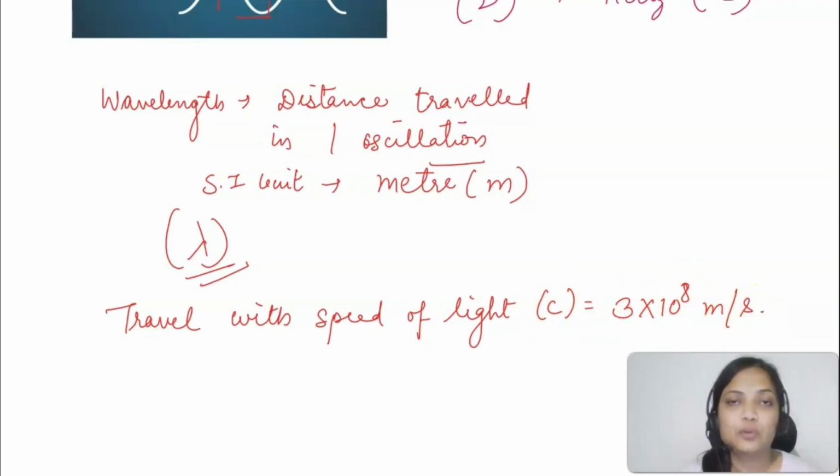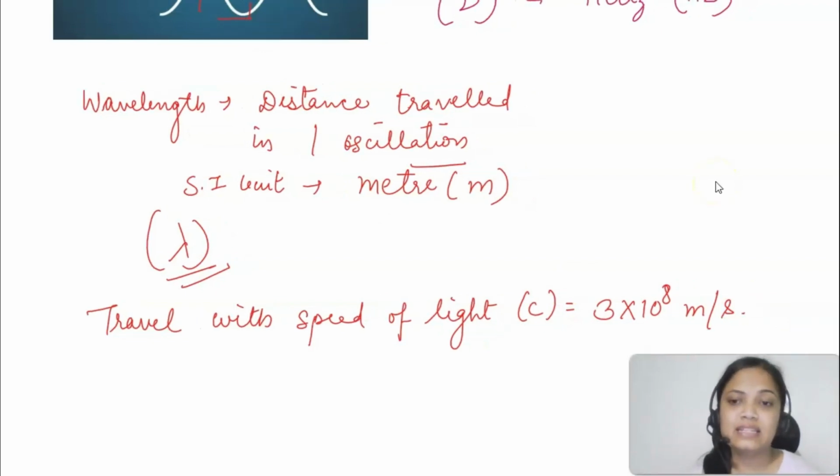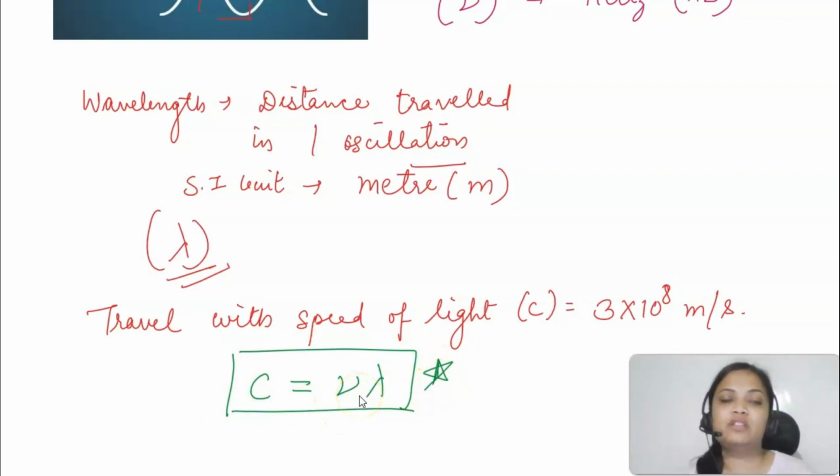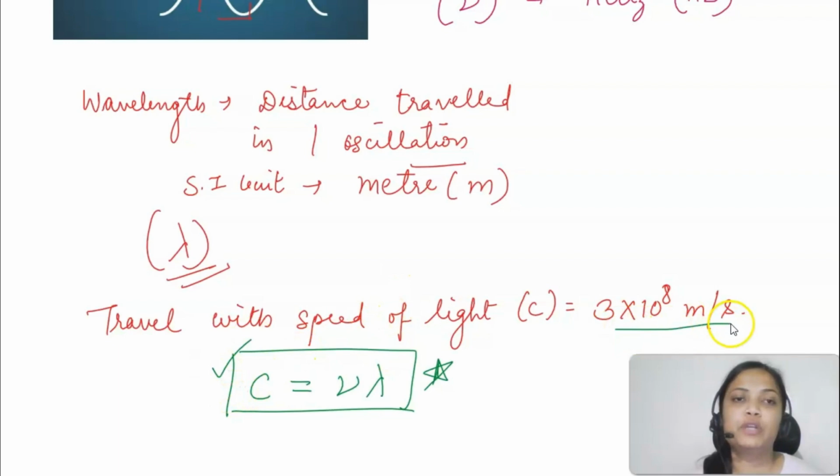There is a relation between the speed of light, frequency and wavelength: c = nu lambda. This is a very important relation, keep that in mind. c is frequency into wavelength, where c is 3 into 10 to the power 8 meter per second.